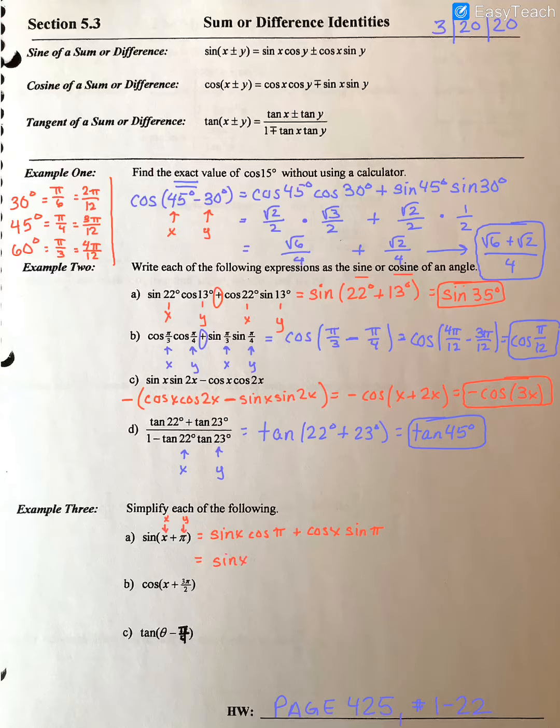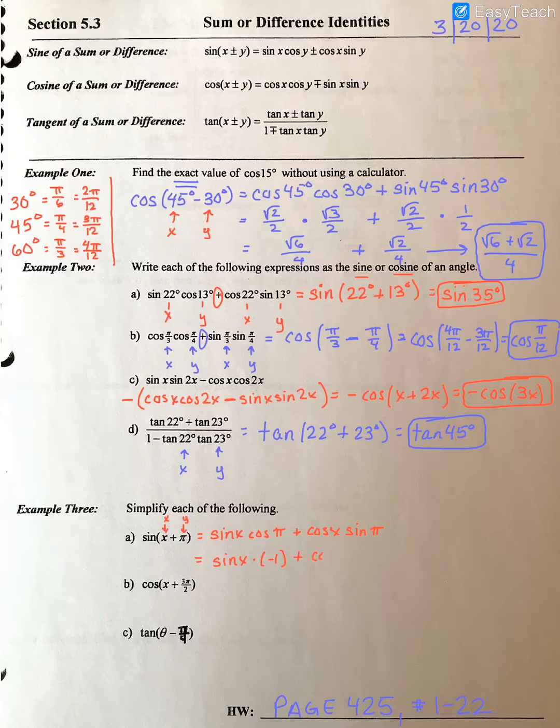Sine x is going to stay sine x. Cosine of pi. So if I go over there, cosine of pi, so remember in ordered pairs, cosine, sine, so the x value, when I'm over there, I went left 1 and up or down 0, so it's negative 1, 0, so cosine of pi is negative 1.